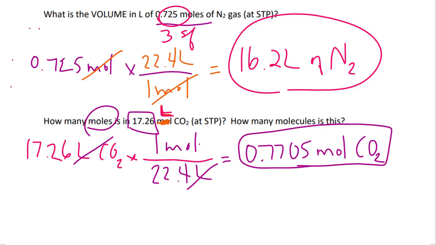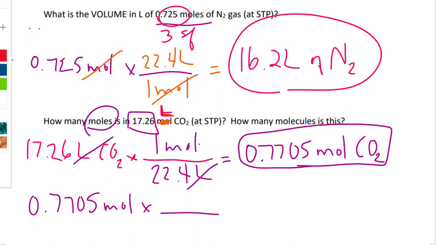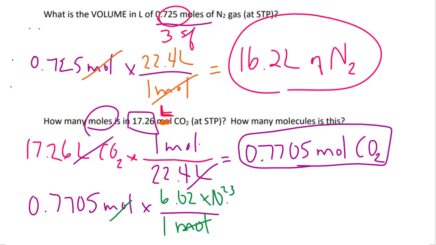And then to get to molecules, I'm going to start with my moles that I'm given, my 0.7705 moles, and I'm going to convert from moles to molecules, knowing that 1 mole, and have moles on the bottom, is 6.02 times 10 to the 23rd molecules. And I'm going to write all of molecules because if I abbreviate it, it kind of looks like moles.